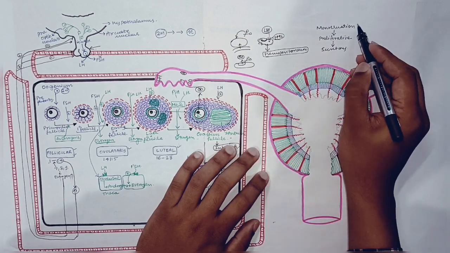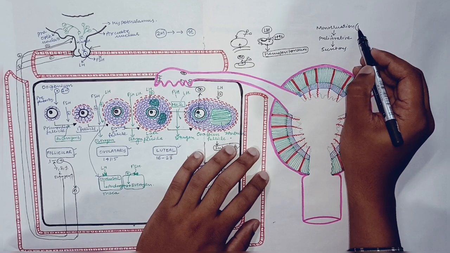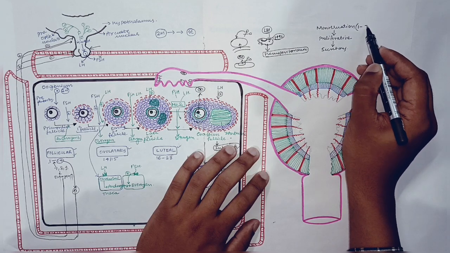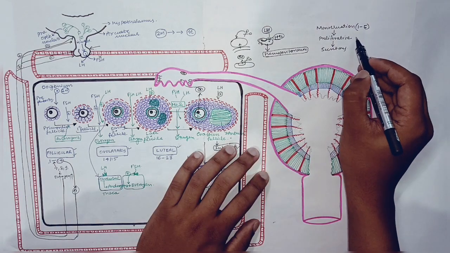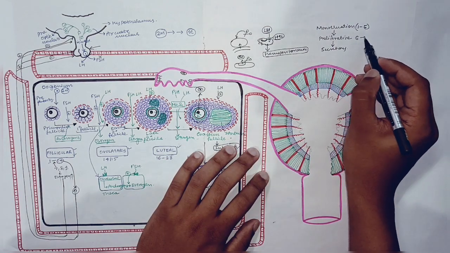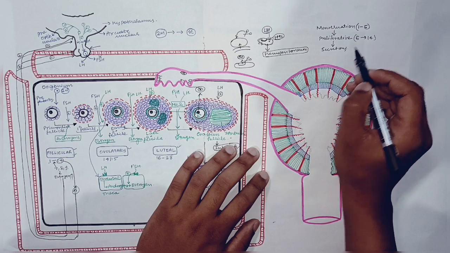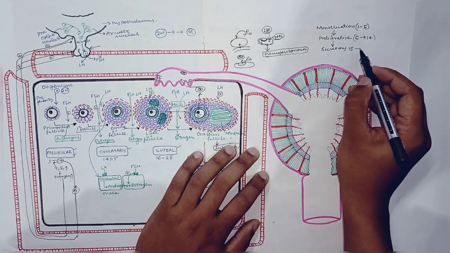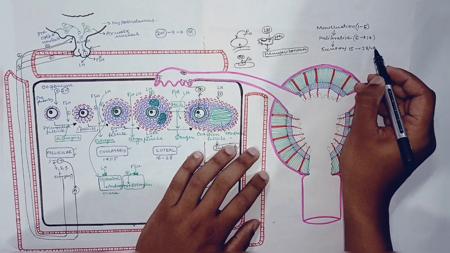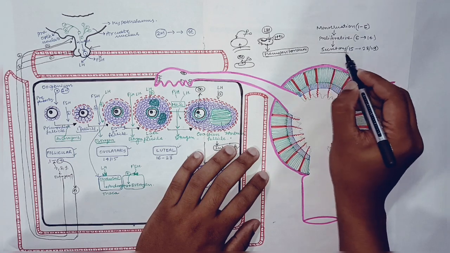The menstruation phase exists from day 1 to day 5, and after that from day 6 to day 14 the proliferative phase exists. From day 15 to day 28 or 29 the secretory phase exists.